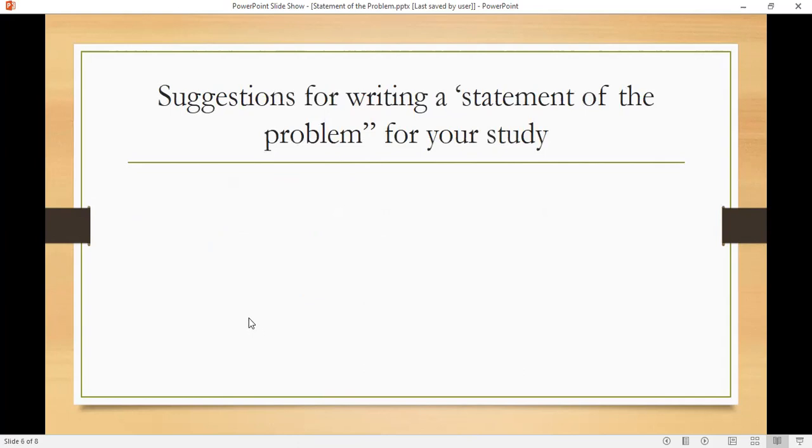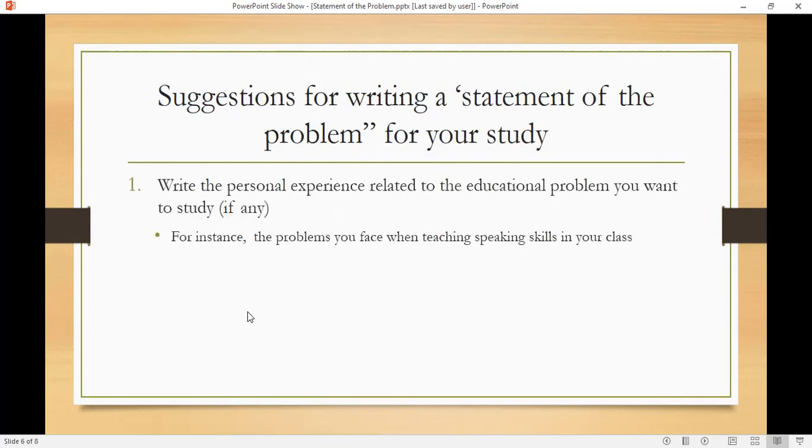Well, moving forward to suggestions for writing a statement of the problem for your own study. The first one, as we have just seen, is that you can write the personal experience related to the educational problem you want to study, if you have any, as it's not mandatory. For instance, the problems you faced when teaching speaking in your classroom.